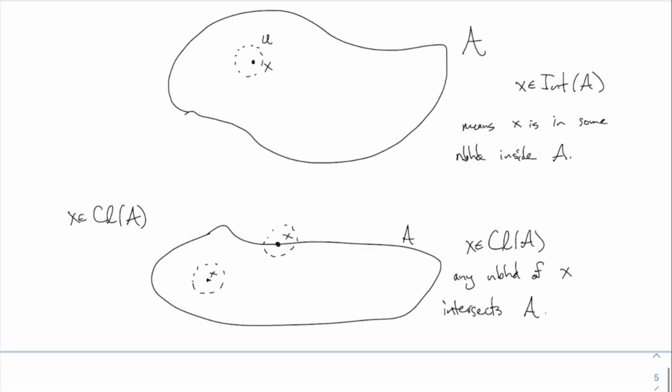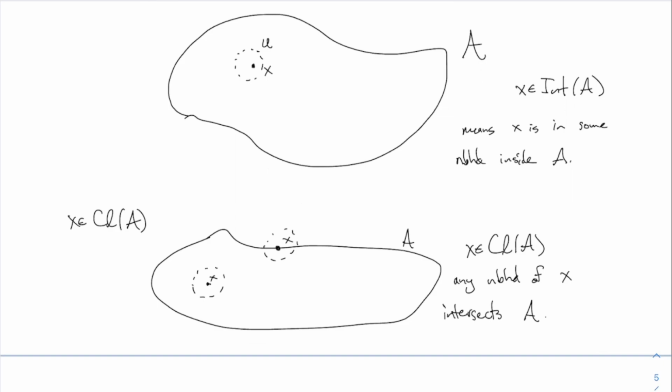So in the interior means there's a neighborhood that is totally inside of A. On the closure means that any neighborhood around the point touches A. So like this point is in the closure and also in the interior, but this point here is on the closure. It's not on the interior. But being on the closure means that any neighborhood around that point must touch the set A, a little bit or a lot. All right. This is a good way to think about points on the interiors and the closures.